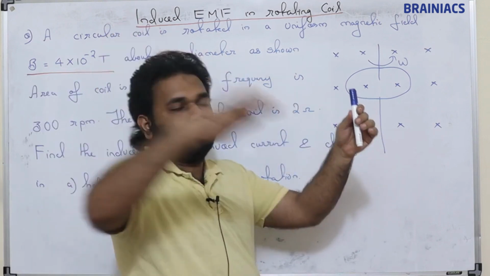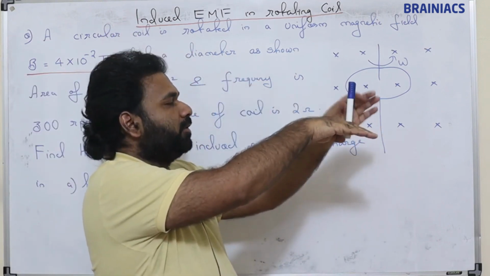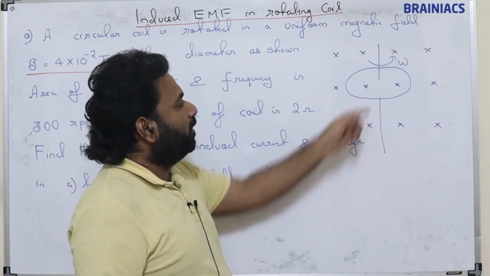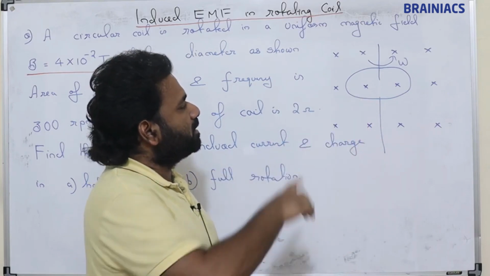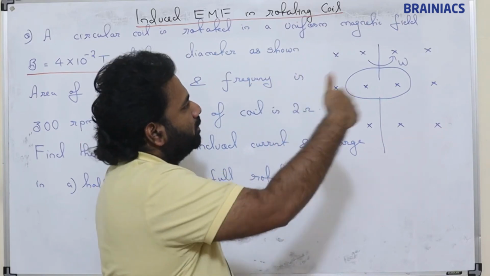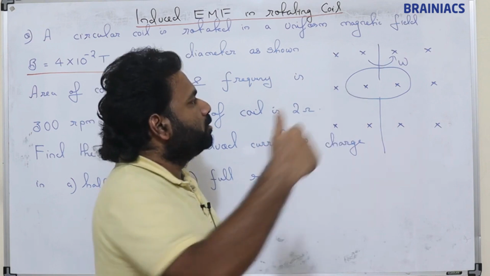This is the coil, and this is the axis of rotation, and the magnetic field is into the plane.